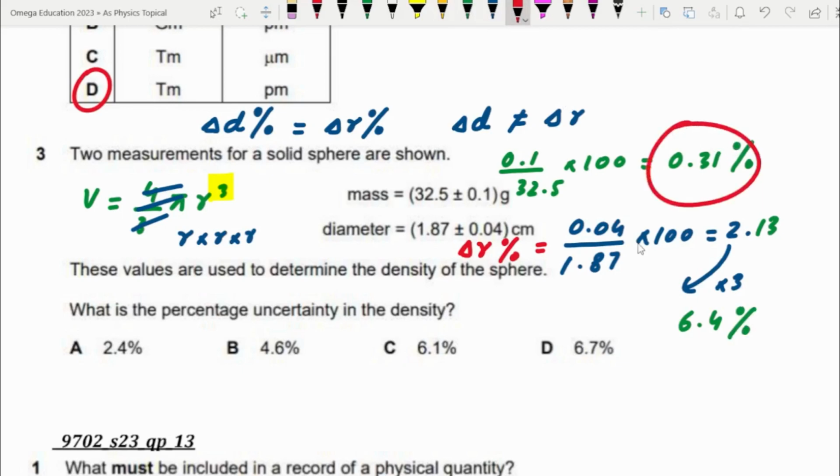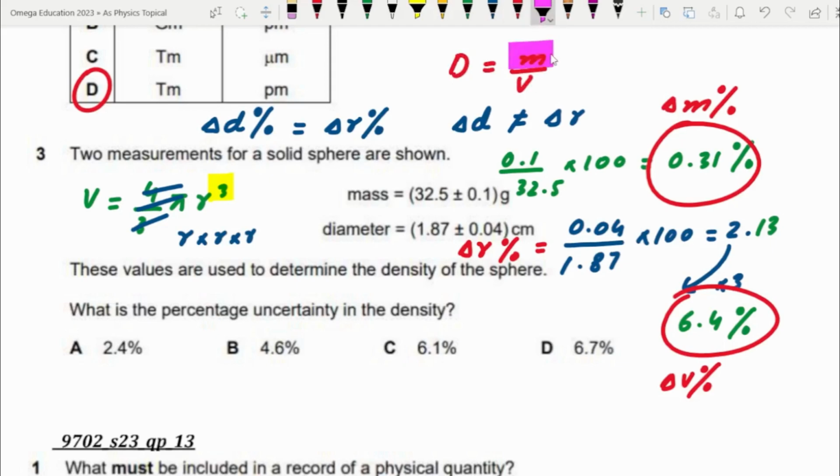This is the percentage uncertainty in mass, and this is the percentage uncertainty in volume now, because we multiplied the percentage uncertainty of radius by 3. Now we add these two, because in the formula of density we were having these two things only, mass and volume. So we found the percentage uncertainty of mass, we found the percentage uncertainty of volume. Now we can safely add these two, and you'll be left with D as the right answer.